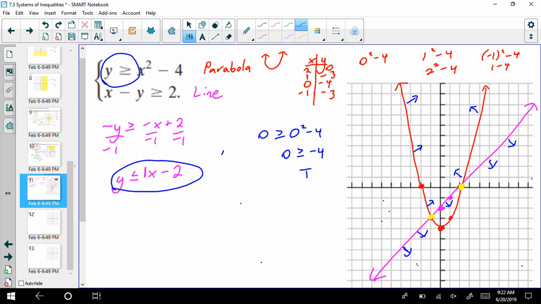Or you could do a test point and figure it out that way. So, where is the common region? I need to be above the red parabola, but below the pink line. My solution region is this little sliver right here. Above the red parabola, but below the pink line.